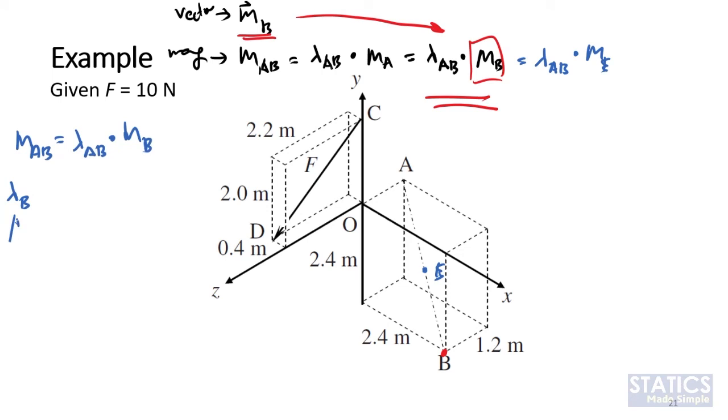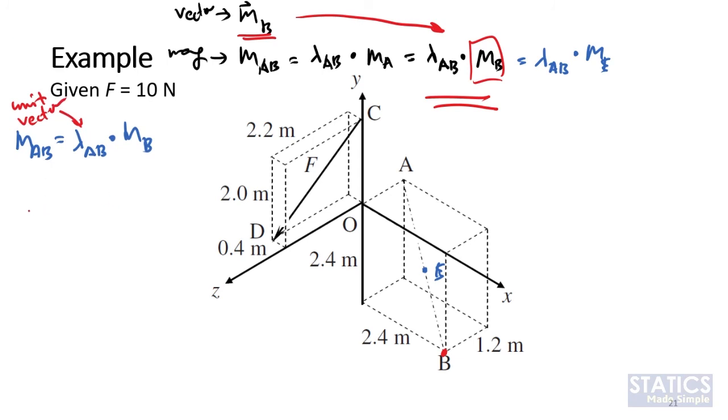This guy is a unit vector. Unit vector means it has a magnitude of 1. So guys, unit vector.